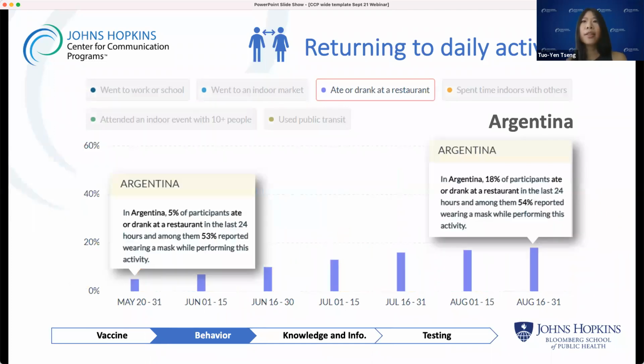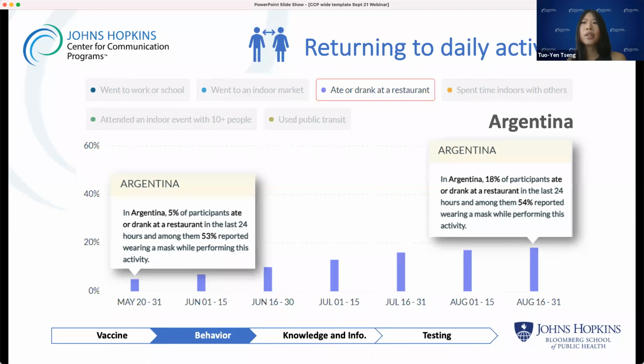The trends within individual behaviors are easier to see when we focus on one activity. On the dashboard, you can click on the names of the activities to deselect them and hide data for those activities. In Argentina, 5% of participants who filled out the survey between May 20th and 31st said they ate or drank at a restaurant in the last 24 hours.